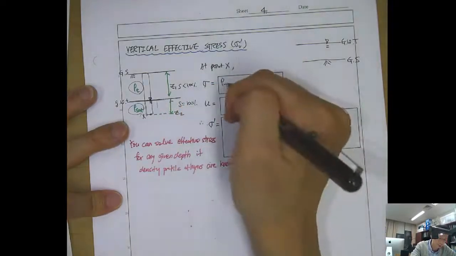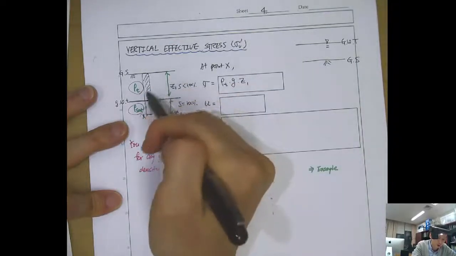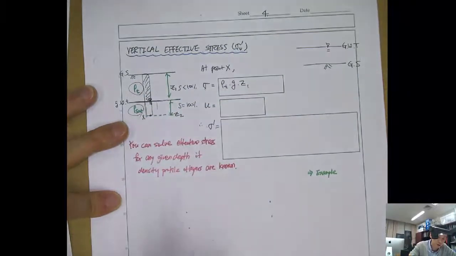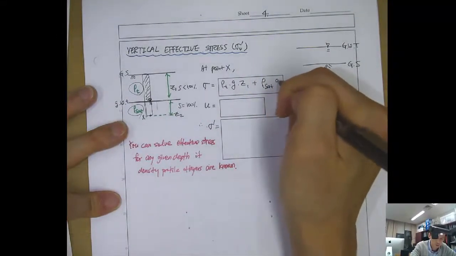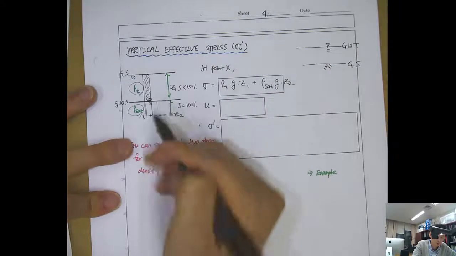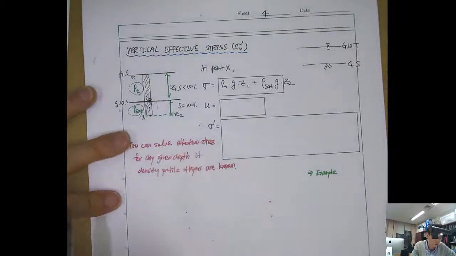Then rho_t g z1 will be the weight of this much, and rho_sat g z2 will be the overburden weight from this saturated soil.